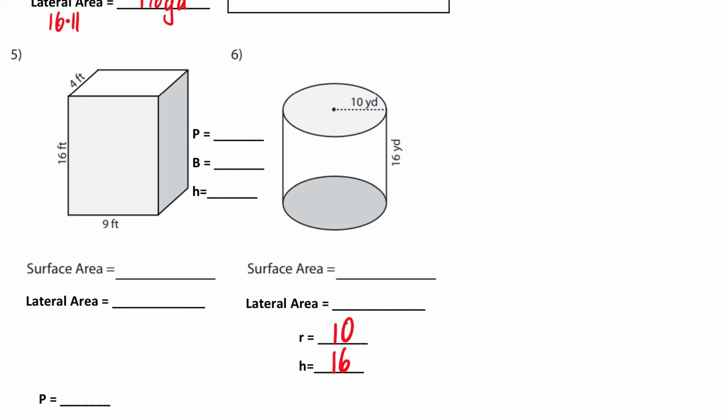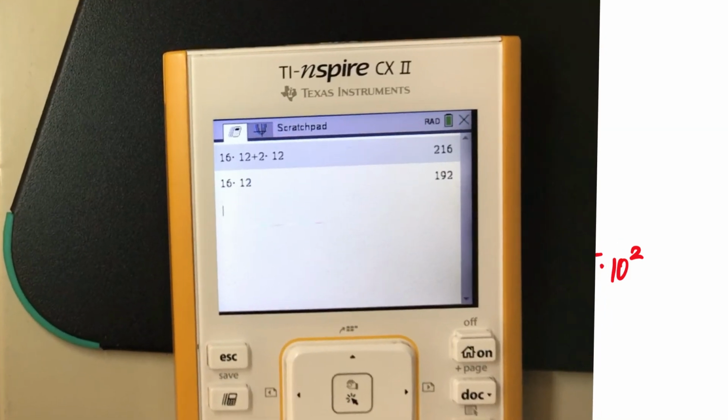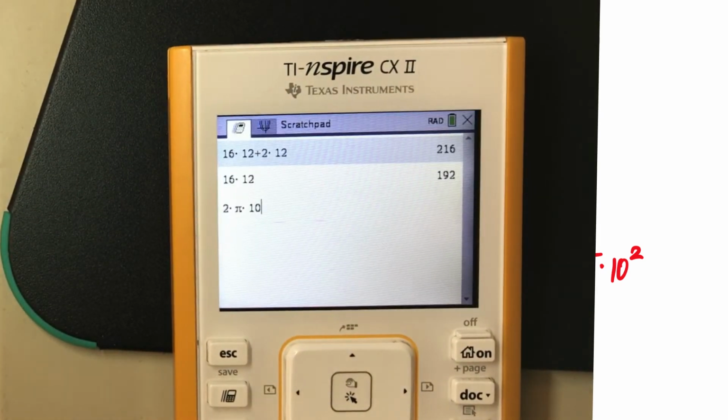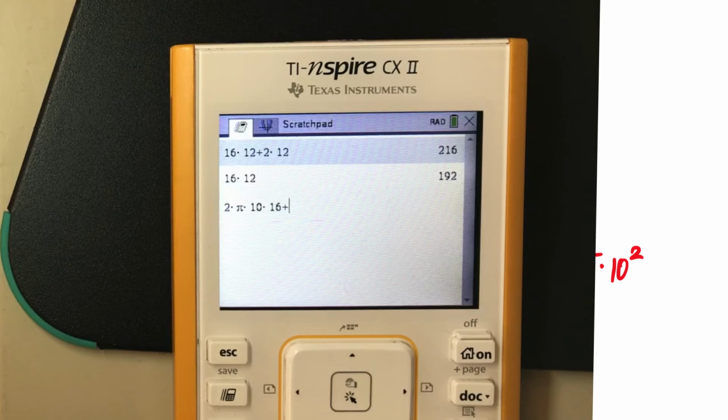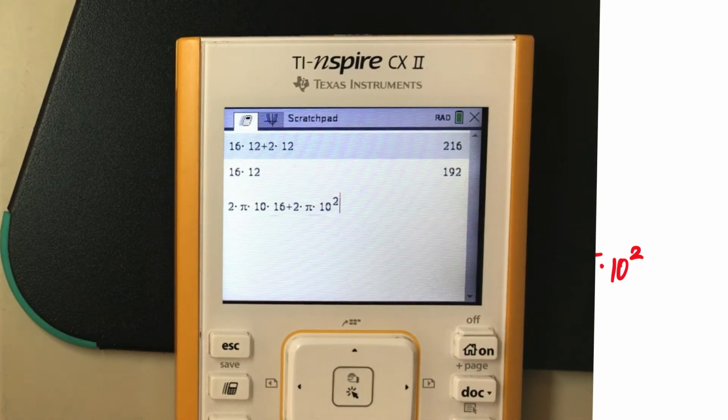Okay, so for the surface area, we're going to go 2 pi r h plus 2 pi r squared.